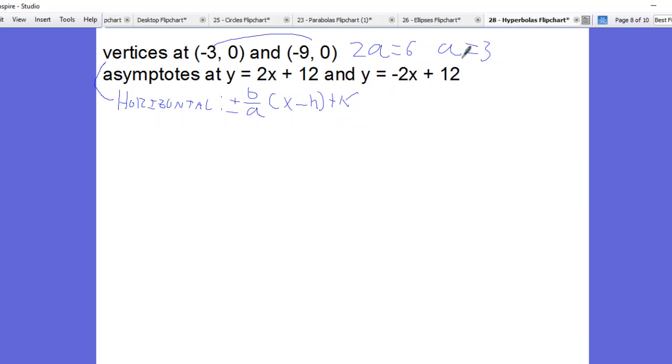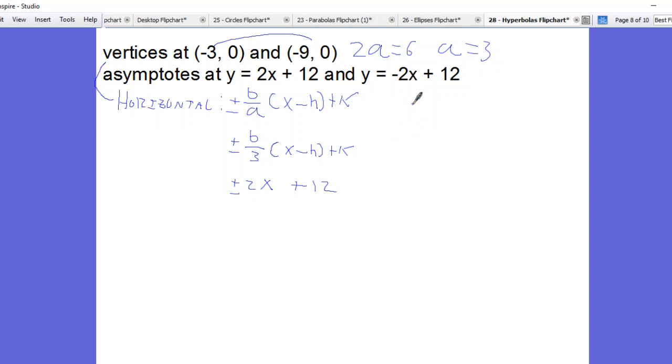And if a is 3, that means plus or minus b over 3 times x minus h plus k matches up with plus or minus 2x plus 12, which means that b here, in order to make this 2x, has to be 6.